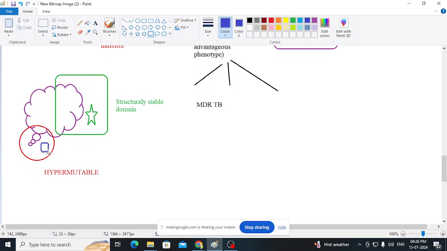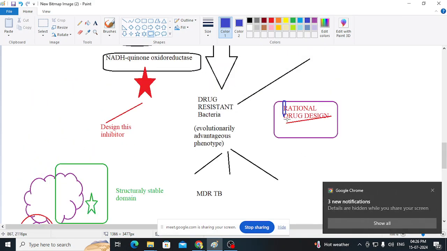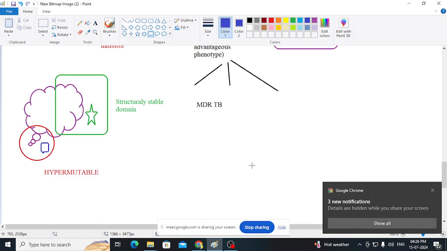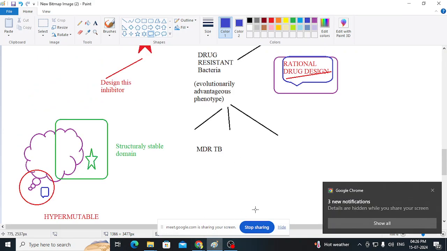tell me which one will be more successful in the long run? Everybody should answer. I have two domains, a structurally stable domain and a hypermutable domain. If we target one of these two domains for a rational drug design, which domain should be targeted? Tell me.